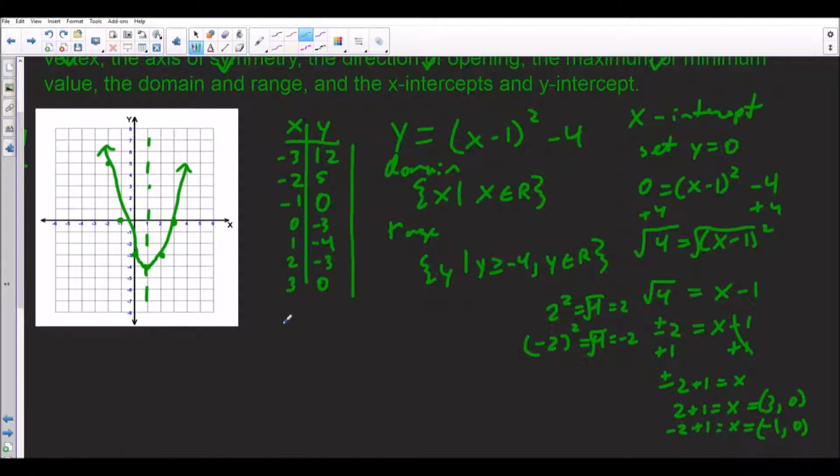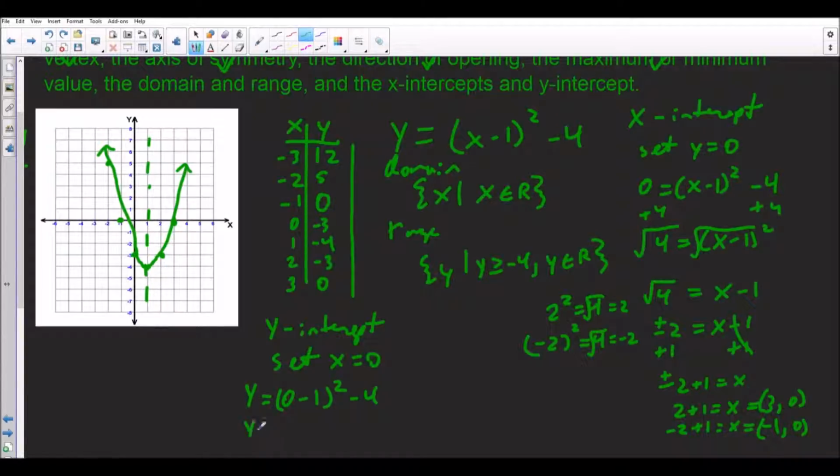Now, for the y-intercept, all we need to do is set x equal to 0, because when it goes through the y line, our x value is going to be equal to 0. So we just say y is equal to (0 minus 1) squared minus 4.